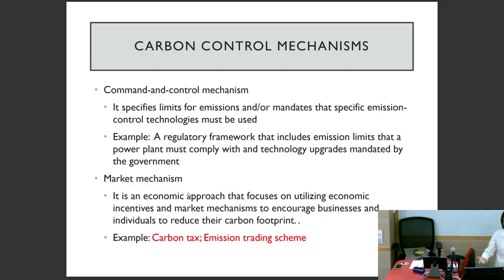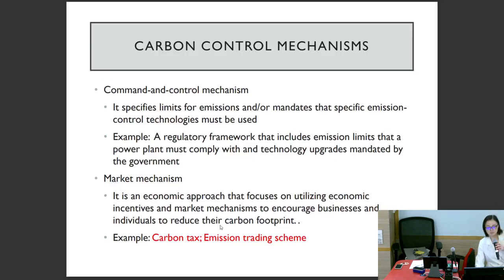The other type would be market mechanism. It is an economic approach that focuses on utilizing economic incentives and market mechanisms to encourage businesses and individuals to reduce their carbon footprint. Examples would be carbon tax and emission trading scheme.